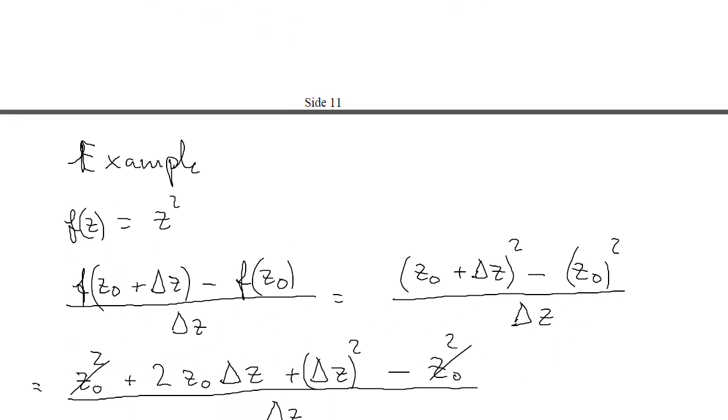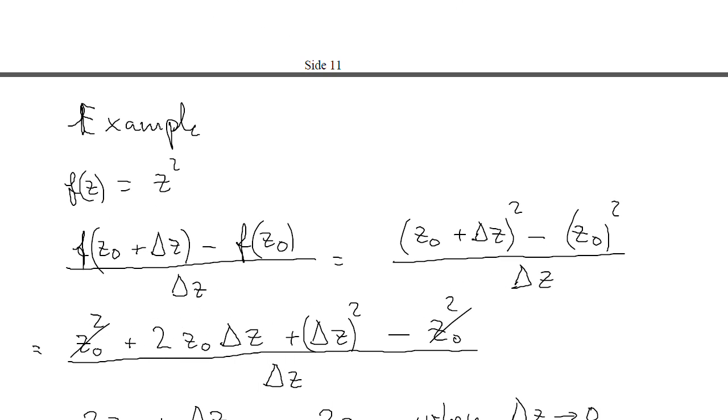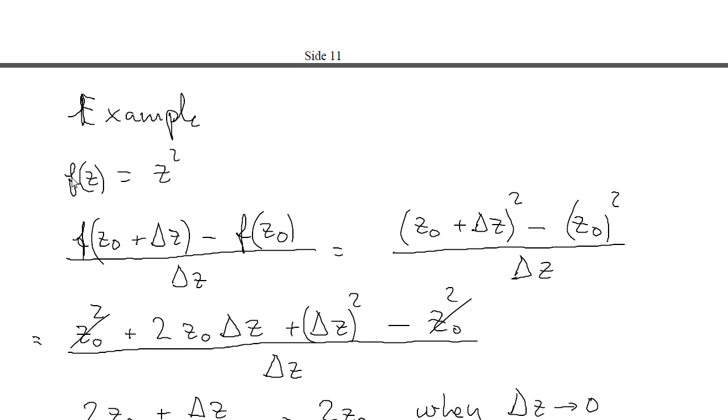Let's take an example of this. Let f(z) be equal to z squared, and let's first compute this limit that we showed you above, where we're using the delta z definition. f(z plus delta z) minus f(z) over delta z.